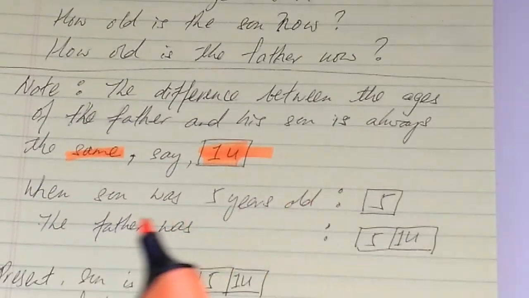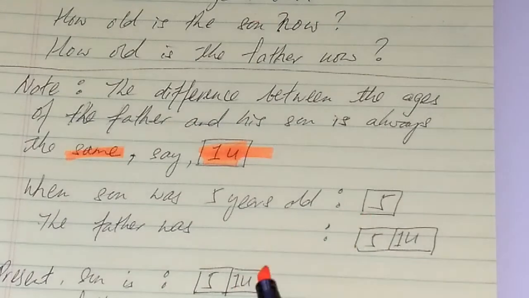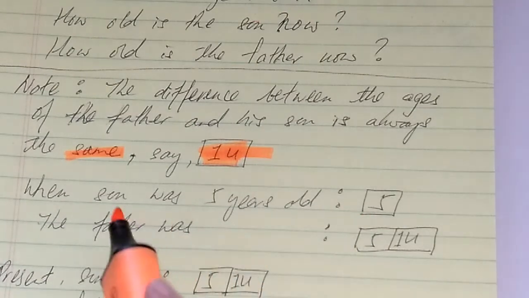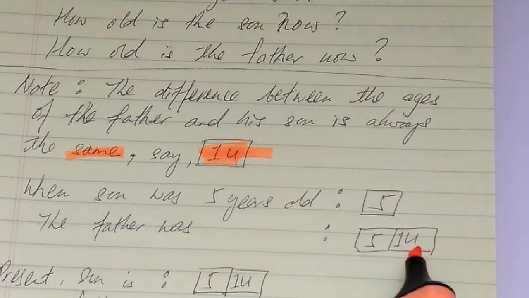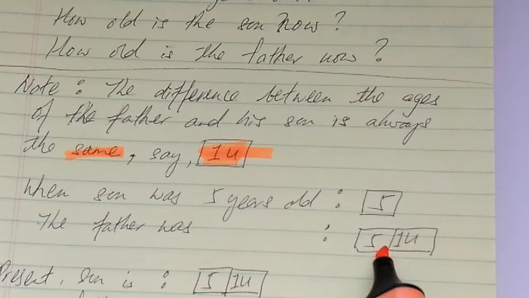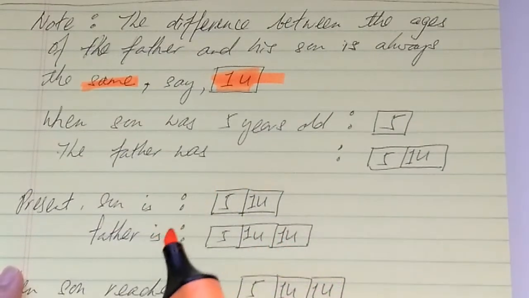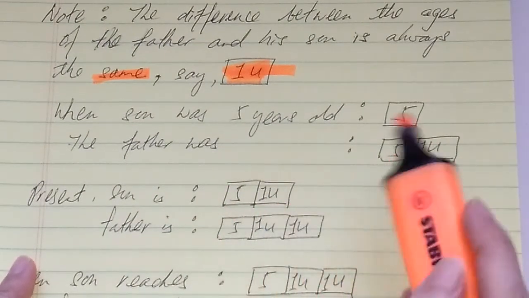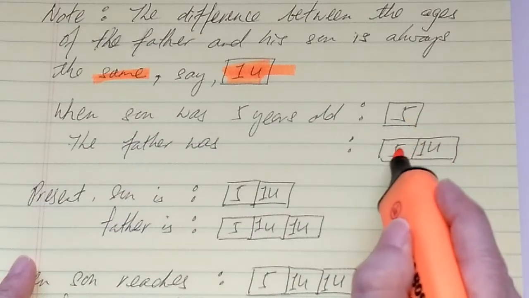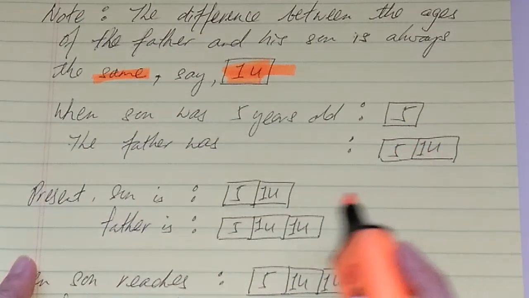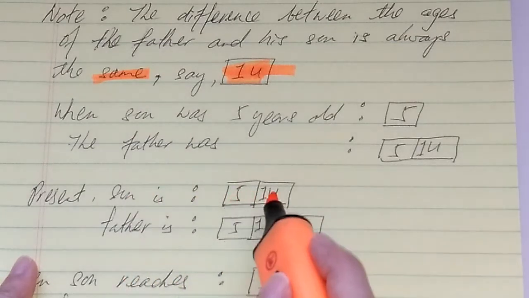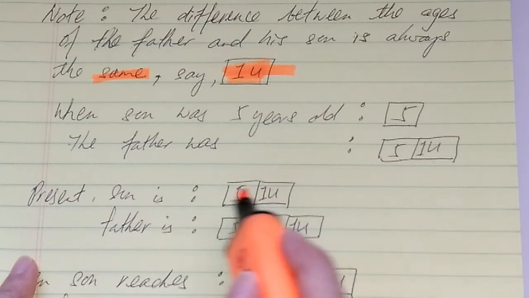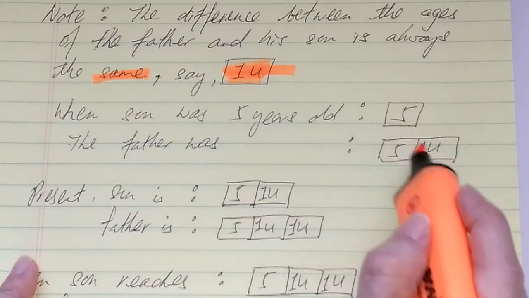Now if the son is 5 years old, how old is the father? When the son was 5 years old, the father was 5 plus 1 unit. If the difference is 1 unit, the father is 1 unit older than the son. So now, at the present, the son is 5 plus 1 unit, because when the son was 5 years old, the father was this age.